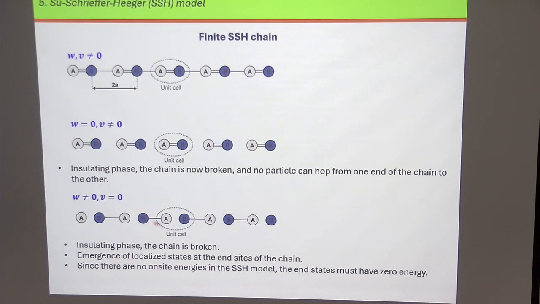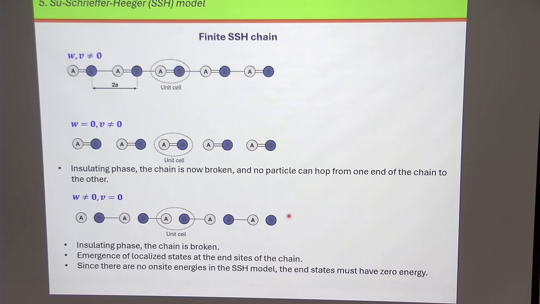But I see that I have these isolated states at the end of the chain. This state, because there is no hopping to go here, cannot go anywhere, right? So they are isolated here.